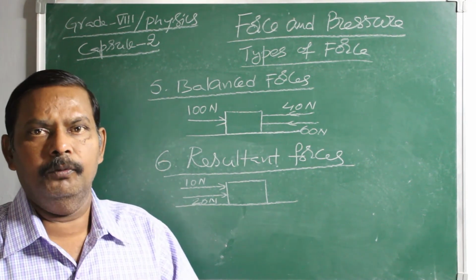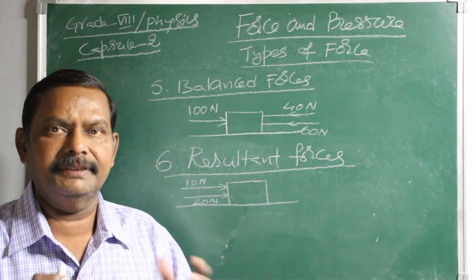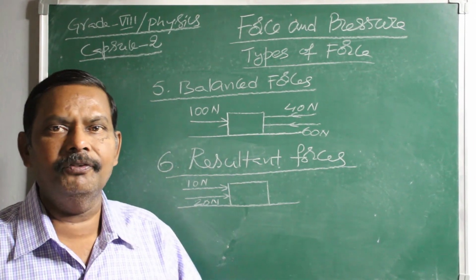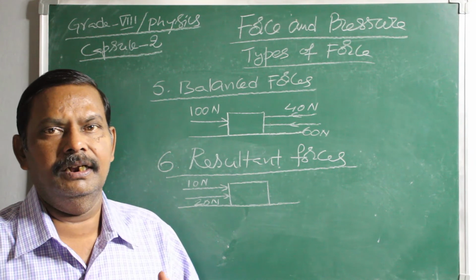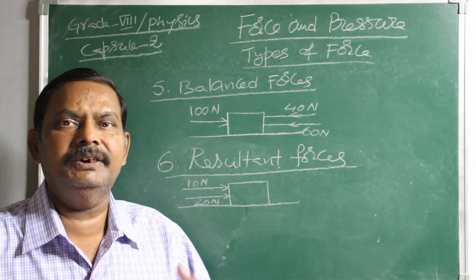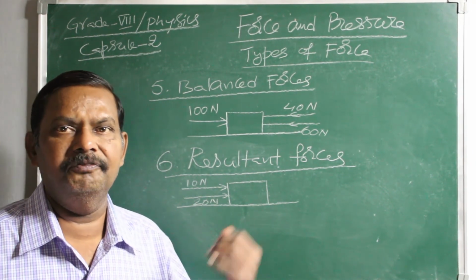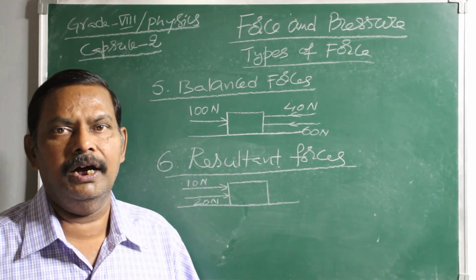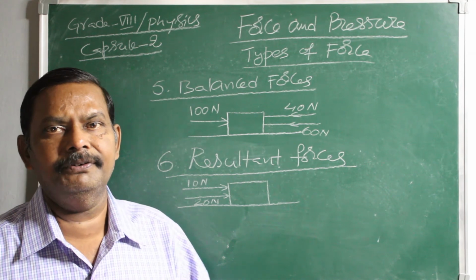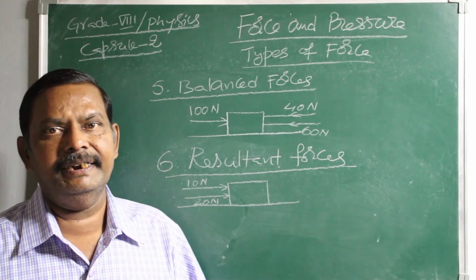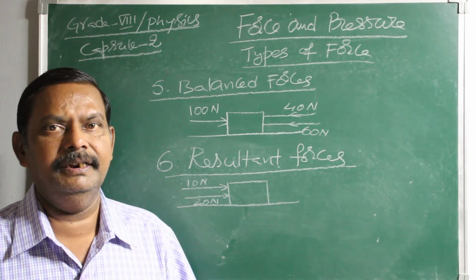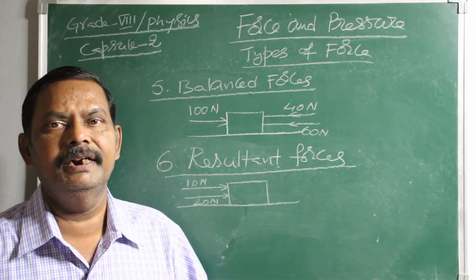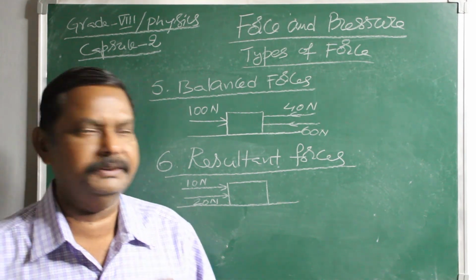If two or more forces are acting on the same body in the same direction, then the sum of the forces is called the resultant of the forces. In this figure, 10 newtons and 20 newtons are acting on the same body from left to right. Since they are acting in the same direction and they are parallel, the resultant of the two forces will be 10 plus 20, that is 30 newtons.